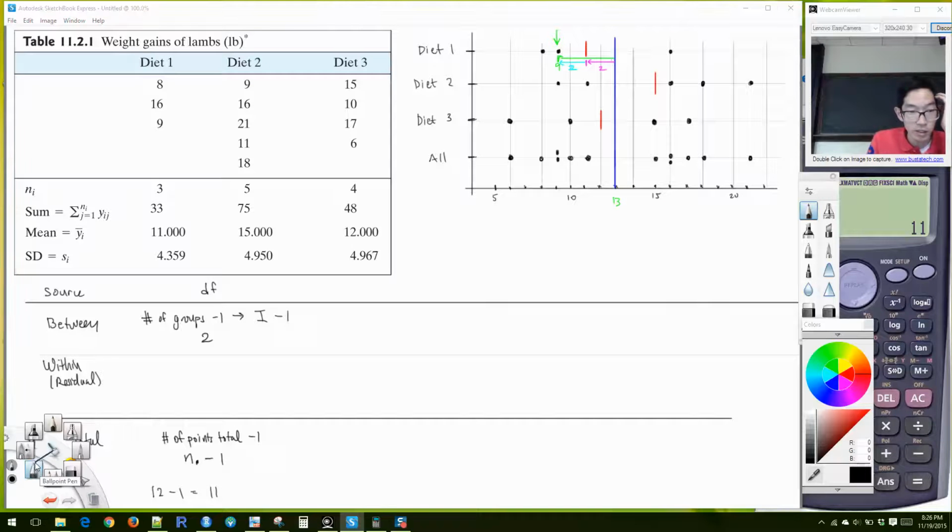And then within the groups, this plus this have to add up to each other. But you have n dot minus I. So in our case, it's whatever 2 plus what must add up to 11. We're going to stick in 9. Or you could say 12 data points minus 3 groups also makes 9.